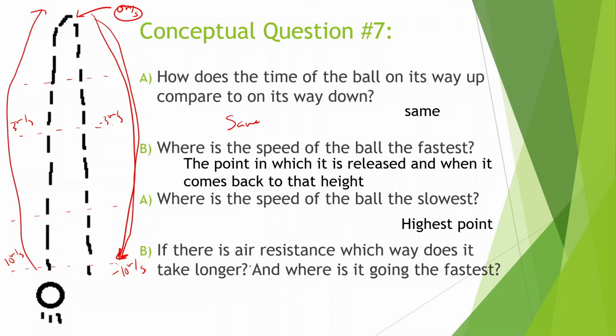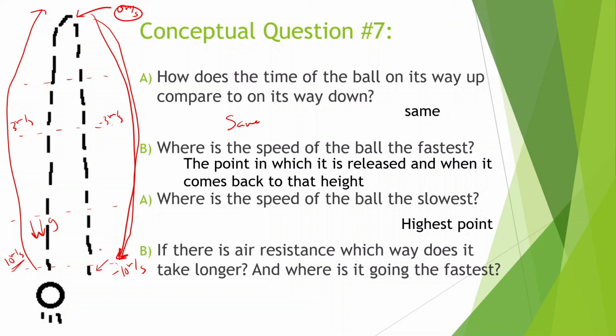This is an interesting question, probably a little hard to think about. But what's happening is if you throw this really quickly at the beginning, its speed is going to dramatically start to decrease because both gravity and air resistance are acting against it a lot. Air resistance is especially strong right from the beginning because it's moving quickly. So when it comes back down and reaches this point, it's not going to be going as fast as 10 meters per second.